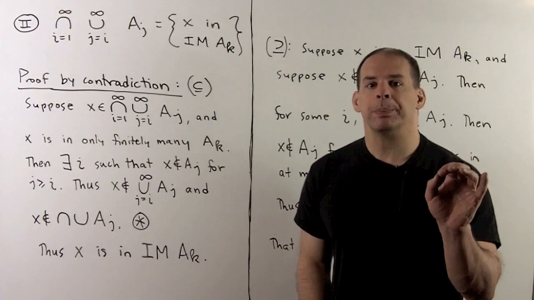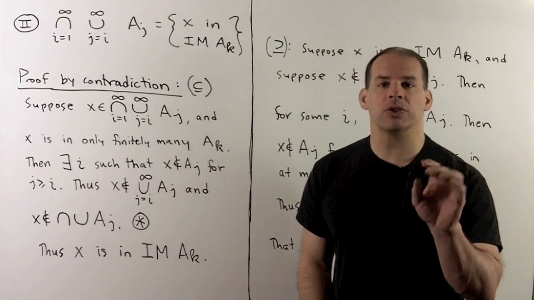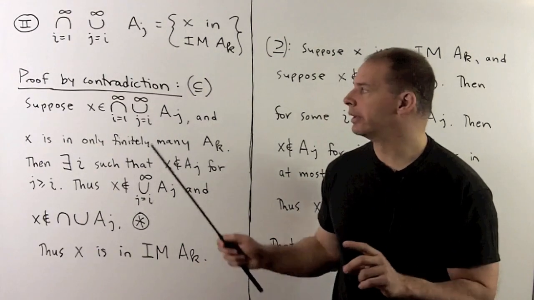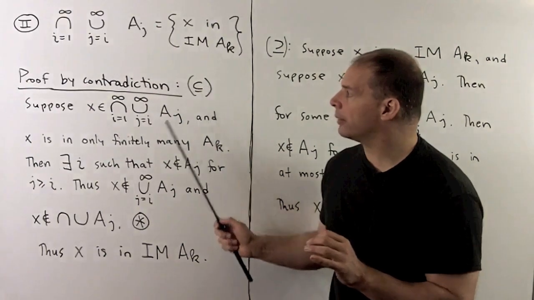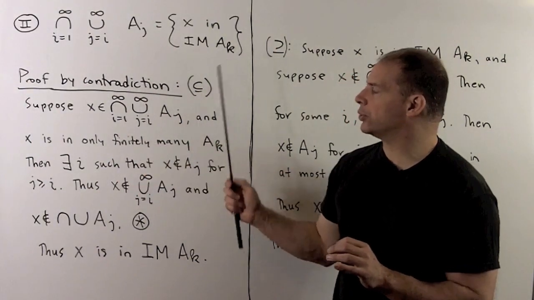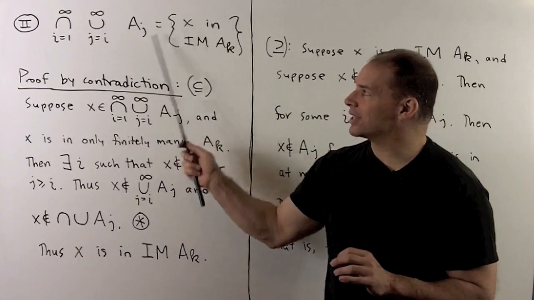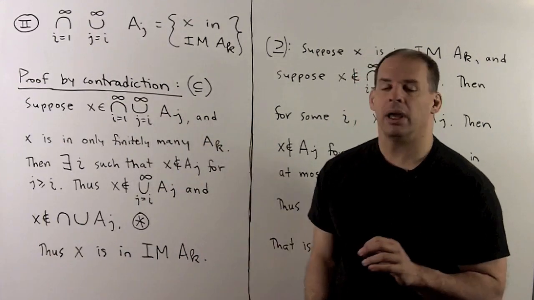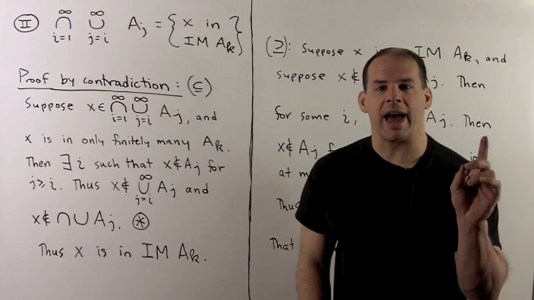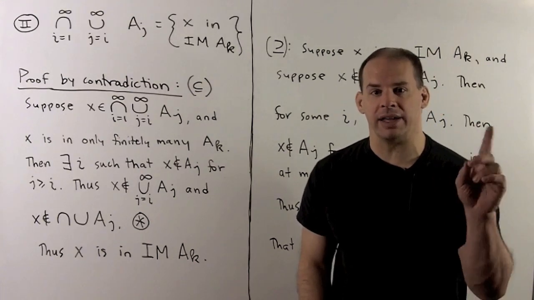So what we want to do here is use two proofs by contradiction to get our double inclusions. So the way we'll start, it's going to be proof by contradiction. For the first inclusion, we're going to assume that x is in the left-hand side, and we're going to get our conclusion assuming that x is in only finitely many of the a sub k's.